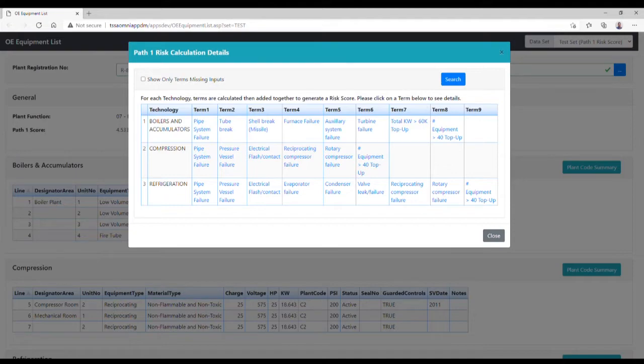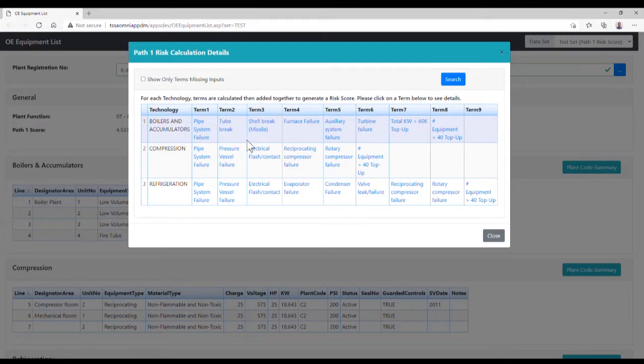So if you go to table 2 in the document, and I have the document too, so I'm just scrolling around as well, following along with you, you'll see that on table 2 you have a number of top events in the leftmost column: pipe system failure, tube break, shell break, furnace failure, auxiliary system failure, and turbine failure.